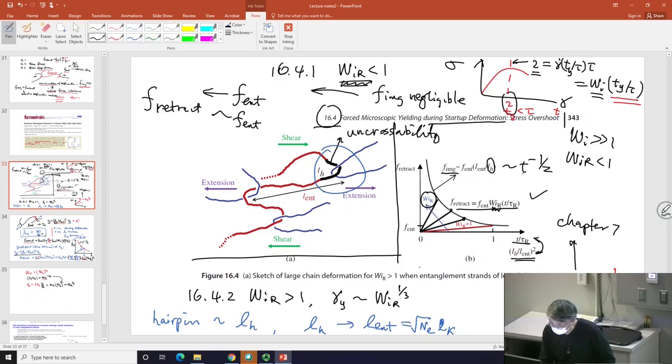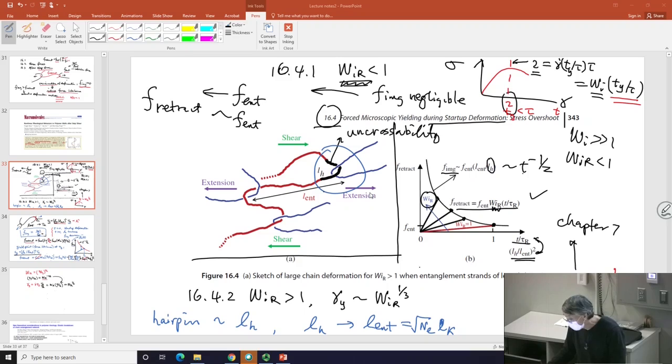For example, when the rate is getting higher, it's going to intersect at lower and lower times. That's all. And you can even imagine a point where the rate is 1, and that probably is going to consume as much time as a Rouse time.